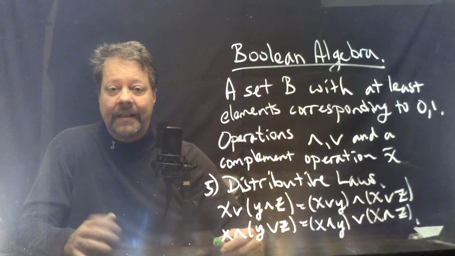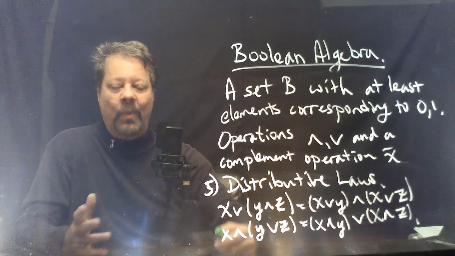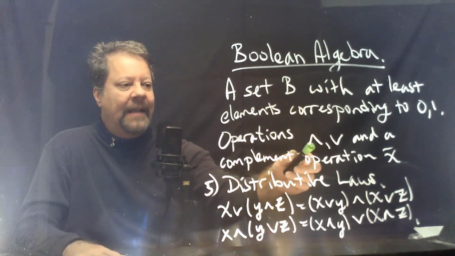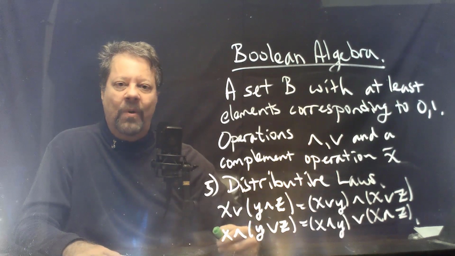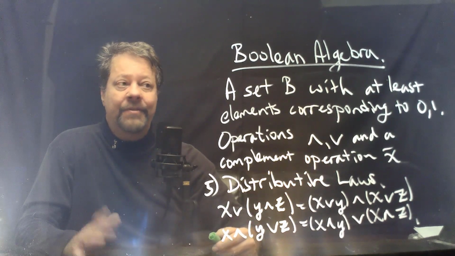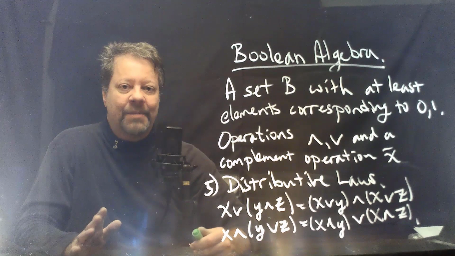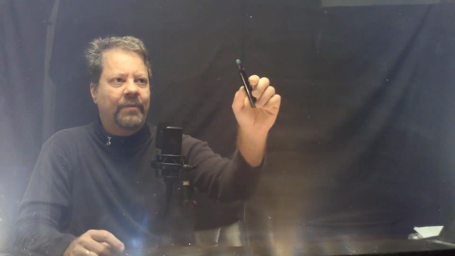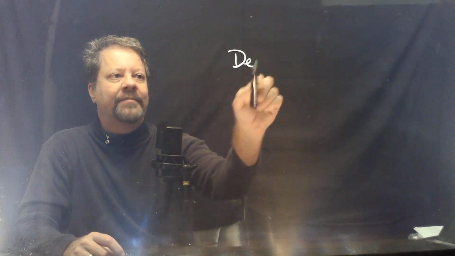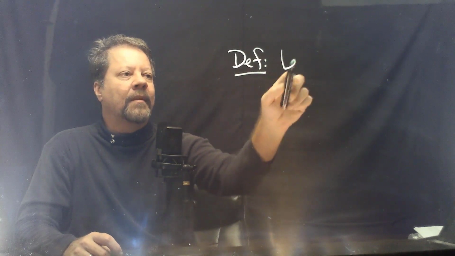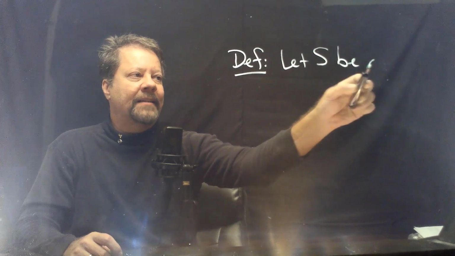Now, obviously, sets where B is 0 and 1, and we've defined and to be times and or to be plus as we have, gives you an example of a Boolean algebra, but there are others. As an example, let me first define what I mean by the power set of a set. So let S be a set.